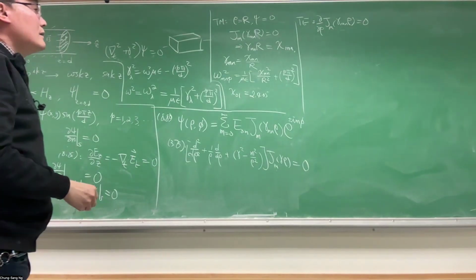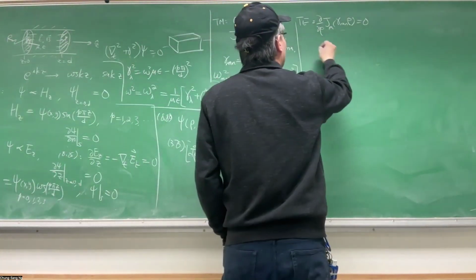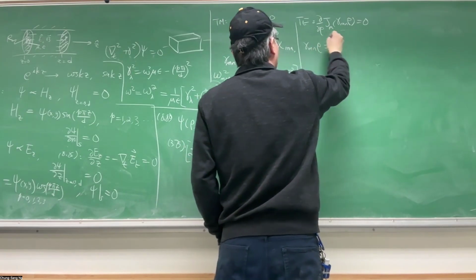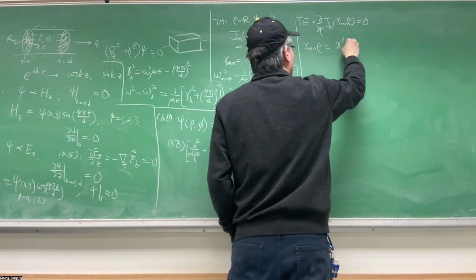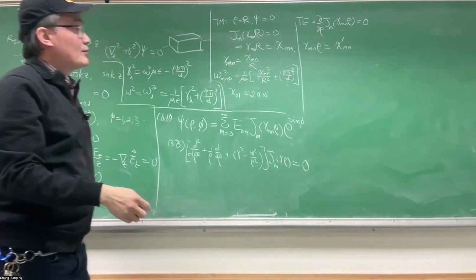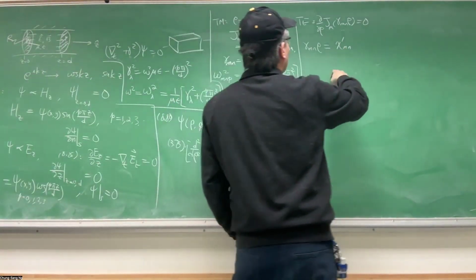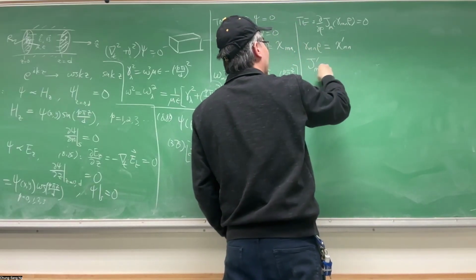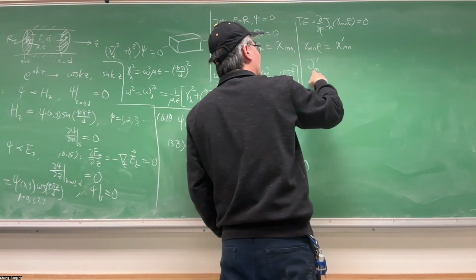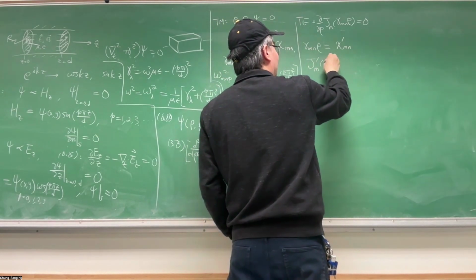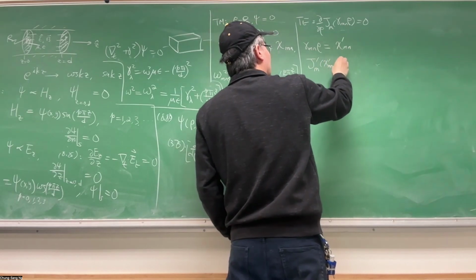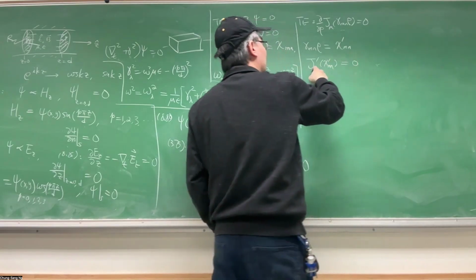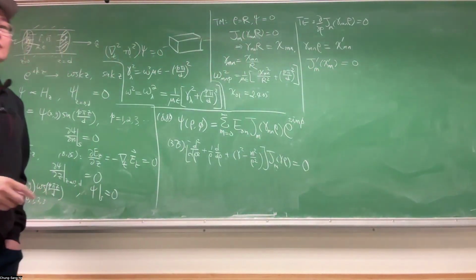Okay, and this means that gamma mn rho is equal to, now instead of x_mn, it becomes x prime mn. Prime is just a notation. It means that J_m prime, the derivative of J sub m with respect to the argument, evaluated at these values will be 0. These are the roots of the derivative of J sub m.